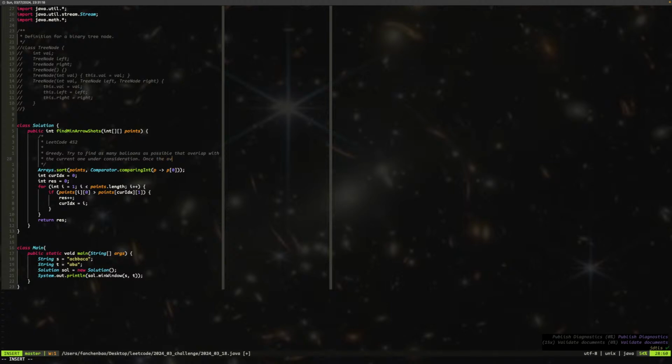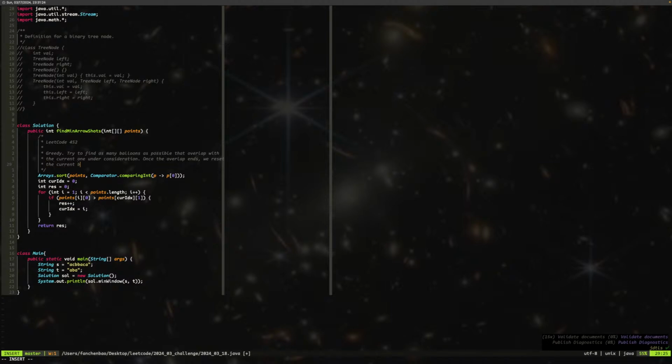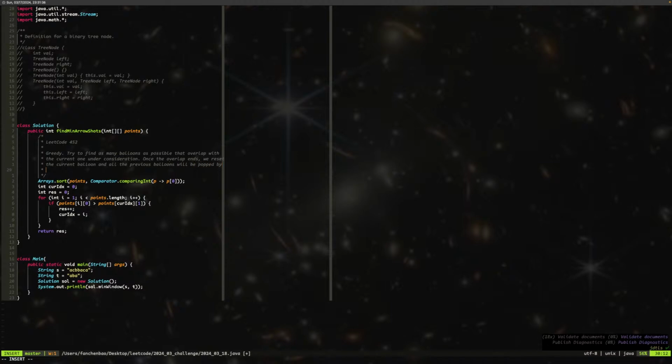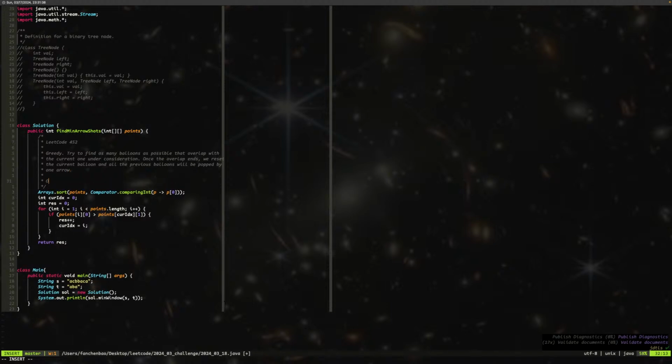Once the overlap ends, we reset the current balloon and increment the count, and all the previous balloons will be popped by one arrow. Okay. Ooh, I forgot this +1.